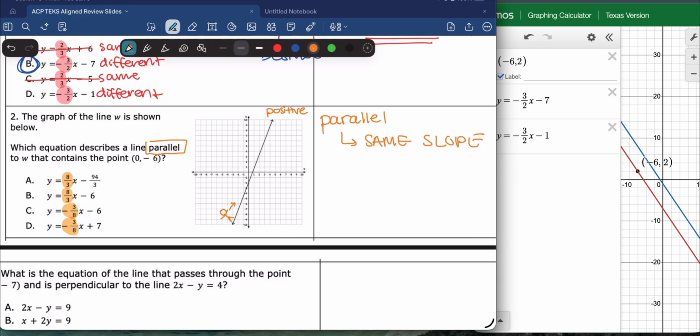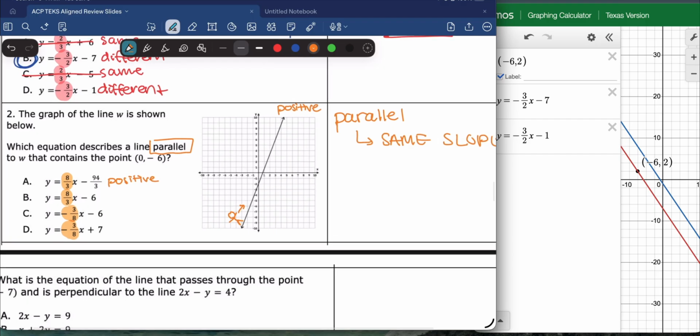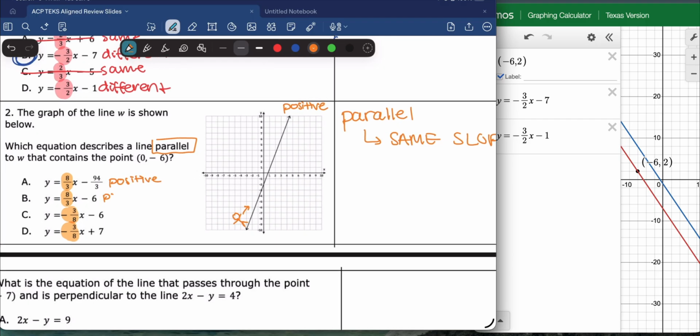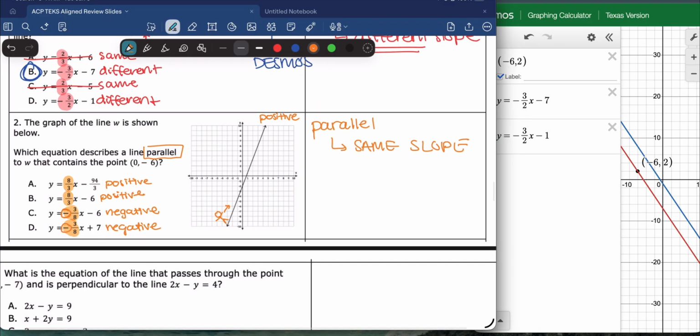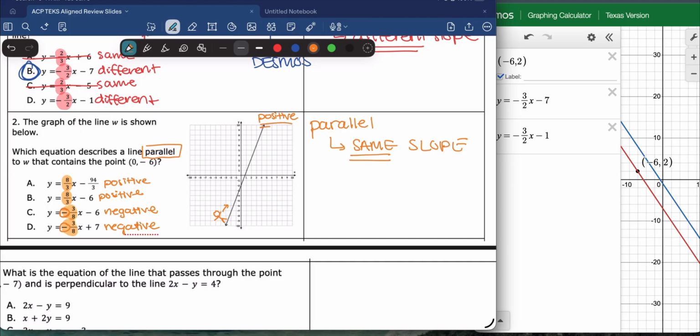So this slope on A is positive because there is no sign. Slope for B is positive. Now slope for C, there's a negative sign, so this is negative. And then D, there's a negative sign, so this is negative. Now, I want the same slope. If I'm positive, I want my answer to also be positive. Okay? So, I'm going to delete C and D because they are negative.